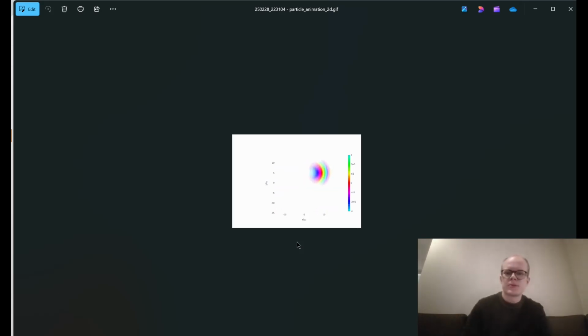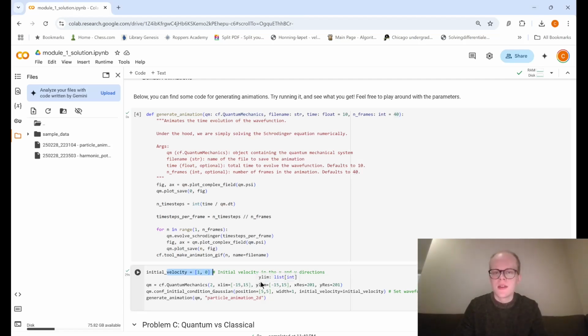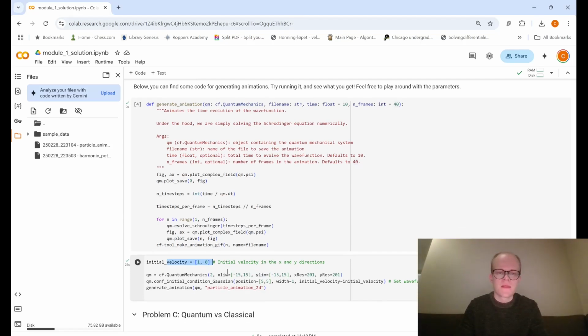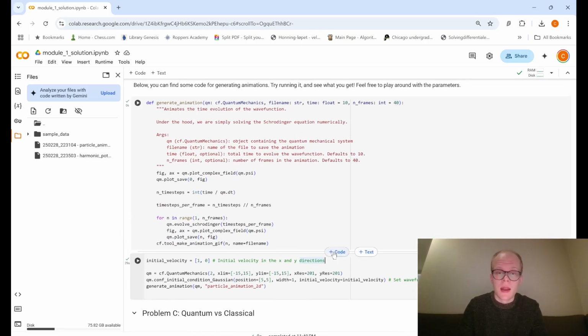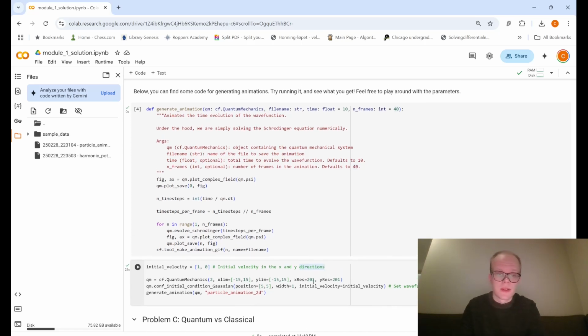It's cool to have these animations making these things a bit more concrete. So I'd recommend, if you have some system that you'd like to study, you can play around with the initial velocity. You can play around with the potential that we're working in, and you can generate these time evolution plots as you like. So feel free to play around with this.